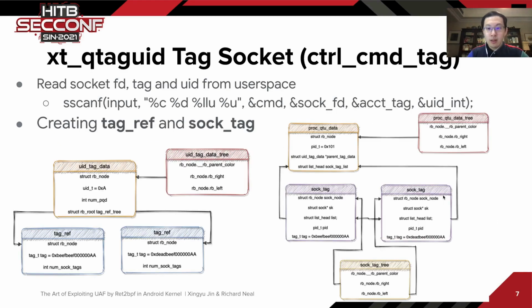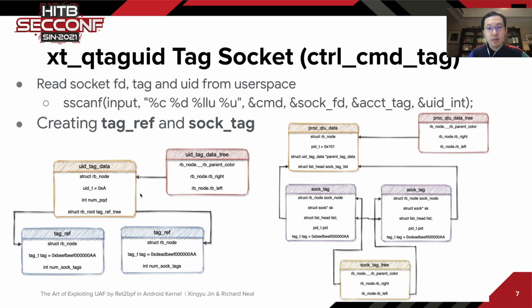And when a user space program tries to tag a socket, it has to provide all sorts of information the kernel wants, such as the socket file descriptor, user ID, etc. And the two different data structures will be allocated in terms of the UID and PID again.